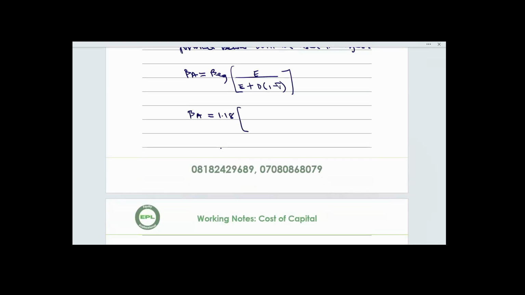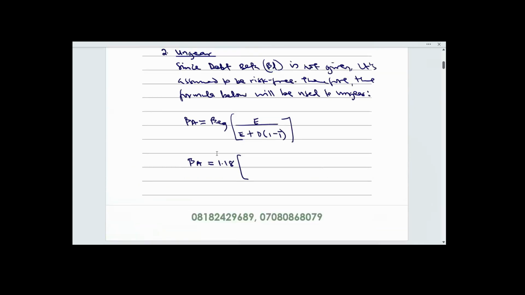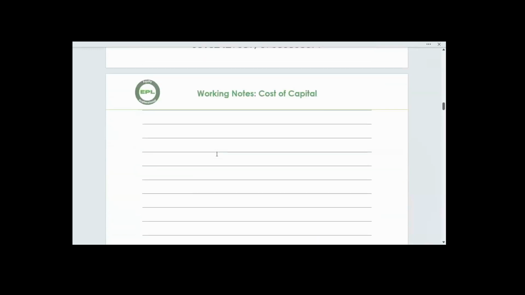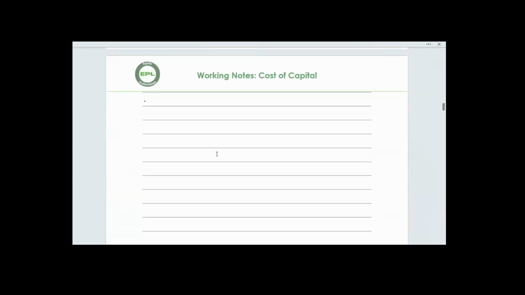Now we need to determine the equity value of all the 4 freezer companies and then the debt value. So let's go and do the working. The second step will be to regear. When you regear, you calculate CAPM, then WACC.